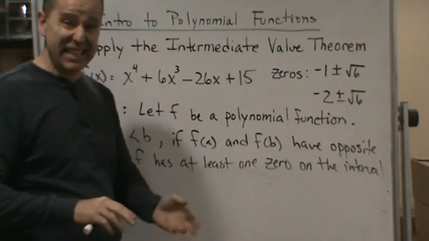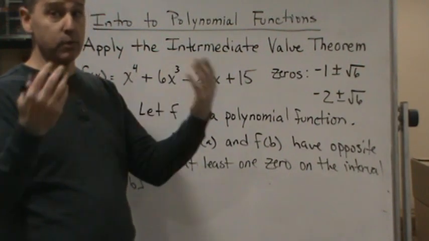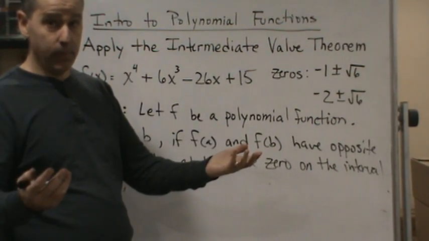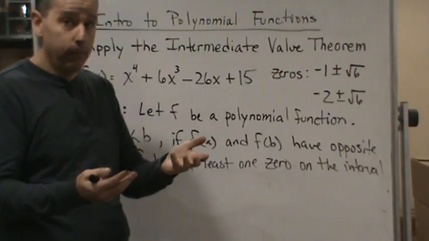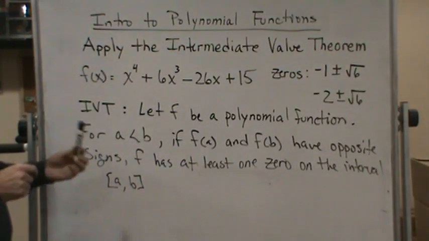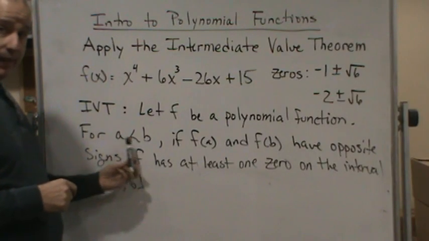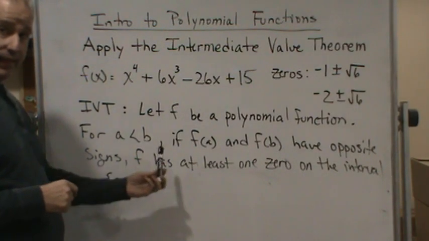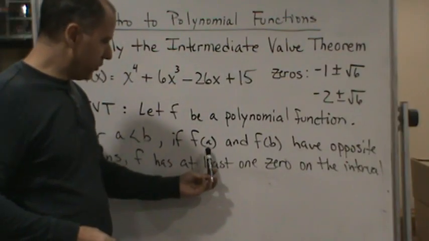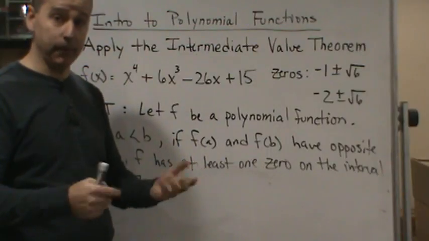Now, it could cross once, or it could cross multiple times. We don't know. What if you choose an A and B in an interval, and it turns out that f of A and f of B have the same sign?